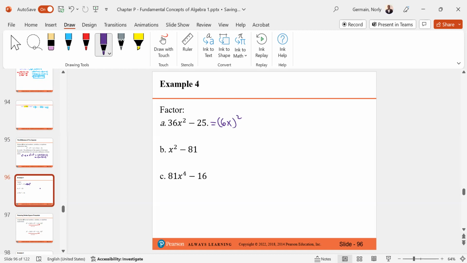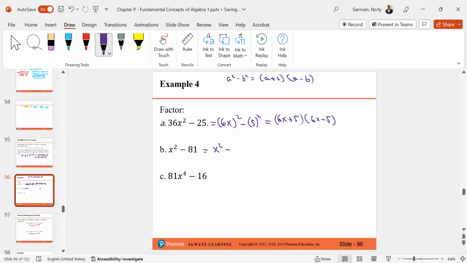We have 25 as 5 to the power 2. Remember, if you have A squared minus B squared, then it's A plus B times A minus B. That's the property. So we're going to have 6x plus 5 times 6x minus 5.